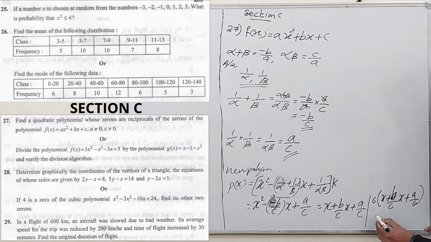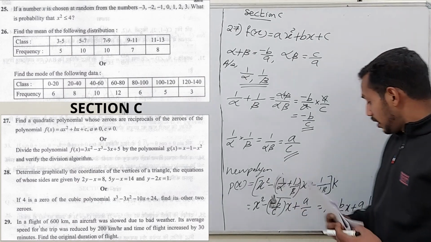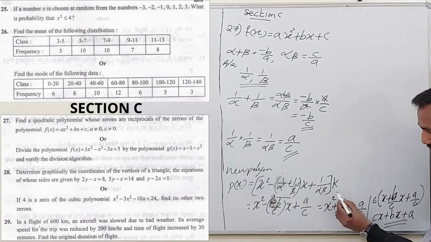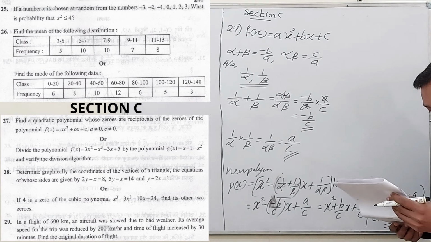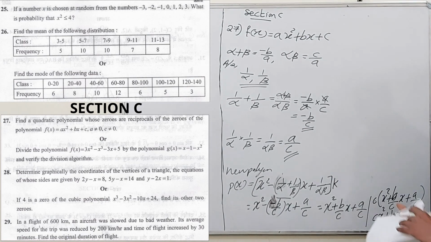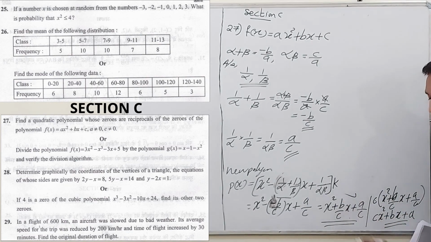The c will be cancelled, so we get c x square plus bx plus a. This is the quadratic polynomial we have got, that is the final answer. So you don't need to write it like this, even if you write like this the answer is right.